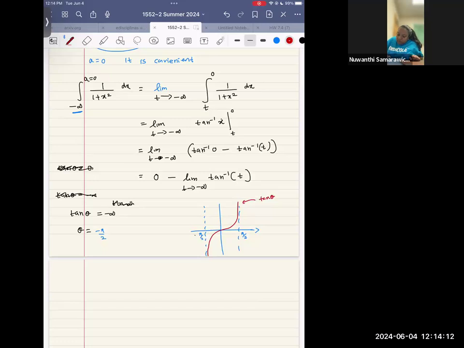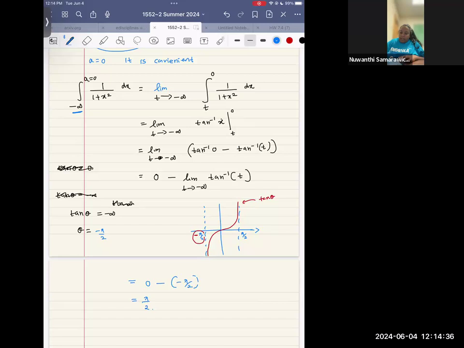To get to negative infinity, that means your angle is negative pi over 2. That's how you get negative pi over 2. So then this is equal to 0 minus negative pi over 2, so that is equal to pi over 2.